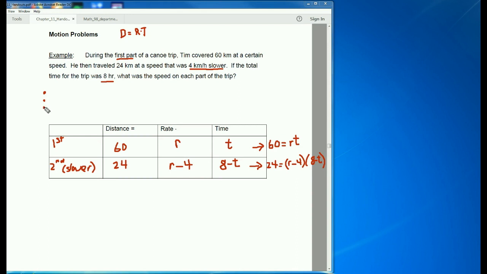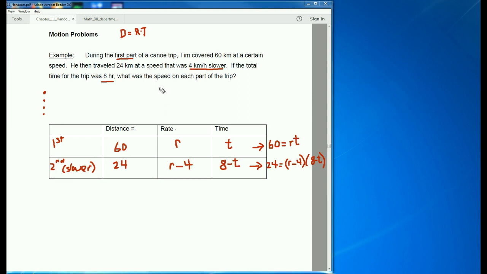Third, now you will have a single equation in terms of only one variable, either R or T. Finally, solve the equation.